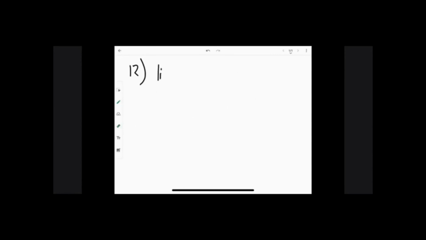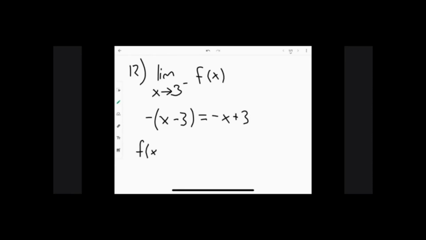Part 3 says that lim when x goes to 3 minus does not exist. All we have to do here is substitute 3 into the part where x is less than 3 because 3 minus is slightly less than 3. We substitute 3 into minus x plus 3 and we get f of x is equal to 0.